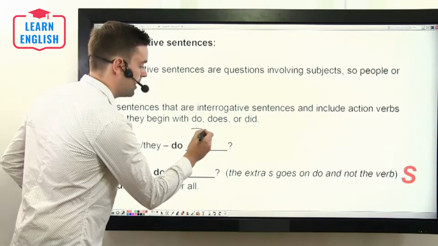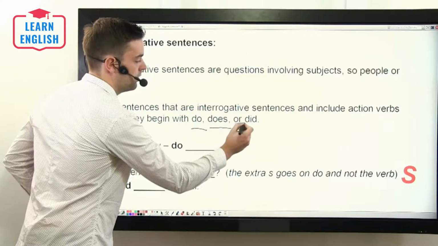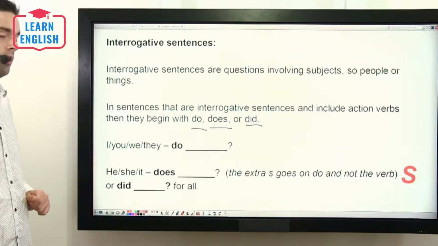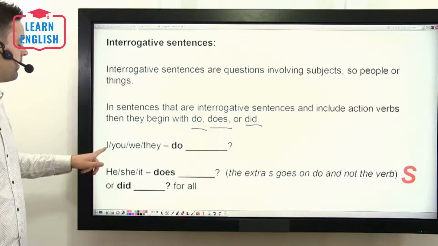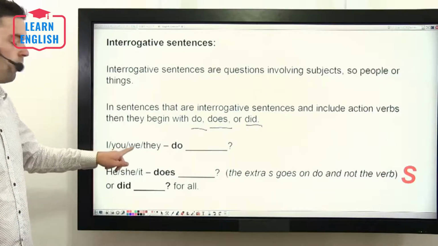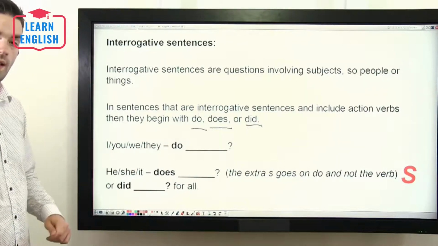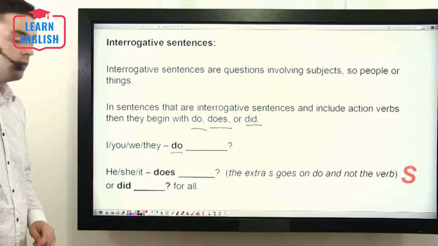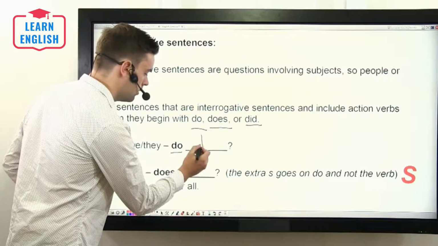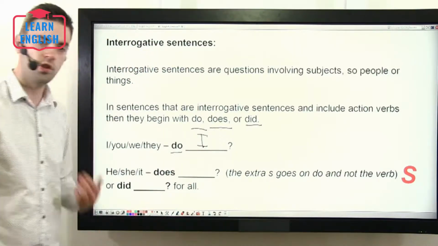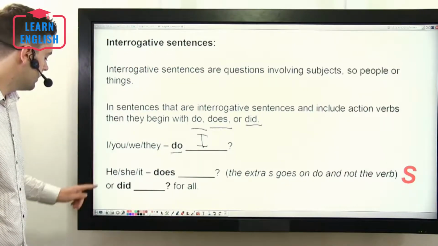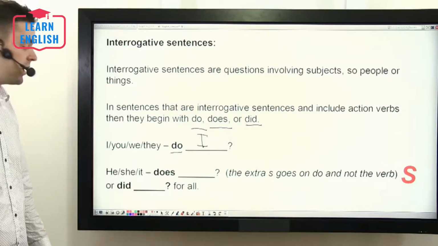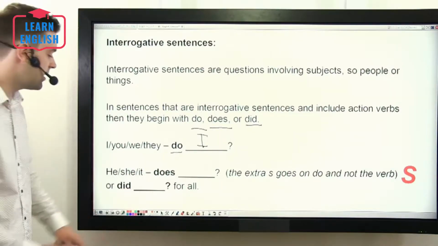So, if it's I, you, we, or they, it begins with do. Do I? If it's he, she, or it as the subject, it begins with does.